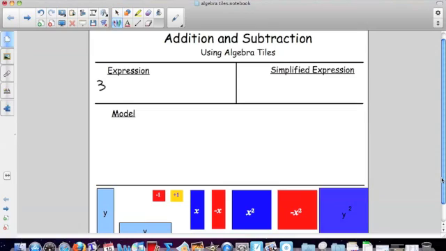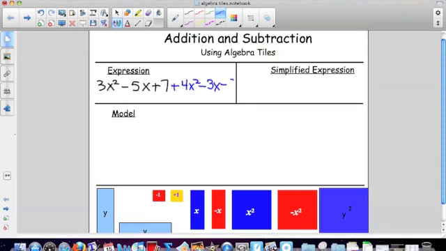So if I have an equation like 3x squared minus 5x plus 7, and then I'm going to add that to 4x squared minus 3x minus 5. Notice, because there are no brackets, the distributive property isn't involved at all. But if I ask you in your unit guide to illustrate this using algebra tiles, that's going to be one example.